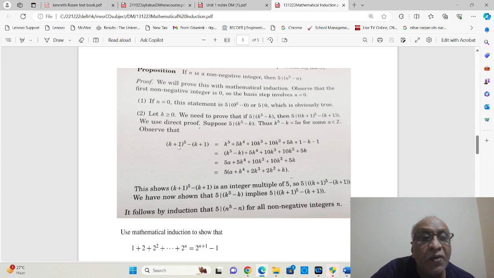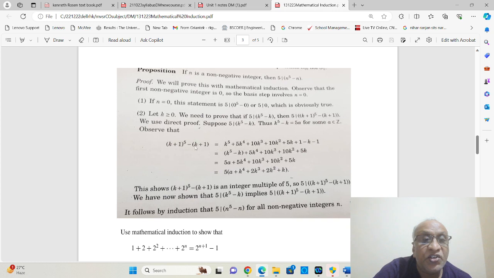So k plus 1 to the power of 5 minus k plus 1, when we simplify it, this 5a will be replacing this k to the power of 5 minus k value. So ultimately what we are showing is 5 in the bracket, a plus k to the power of 4 plus 2k cube plus 2k square plus k.